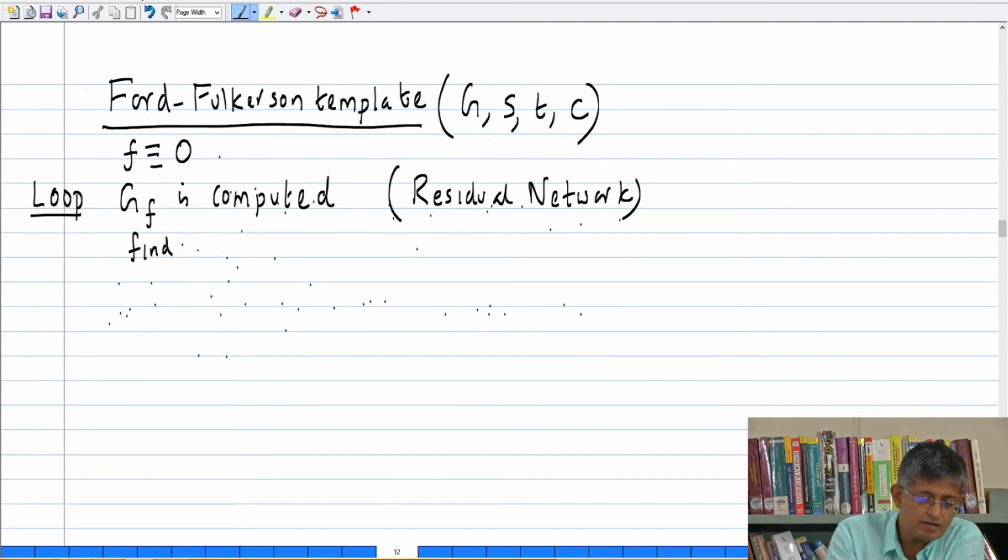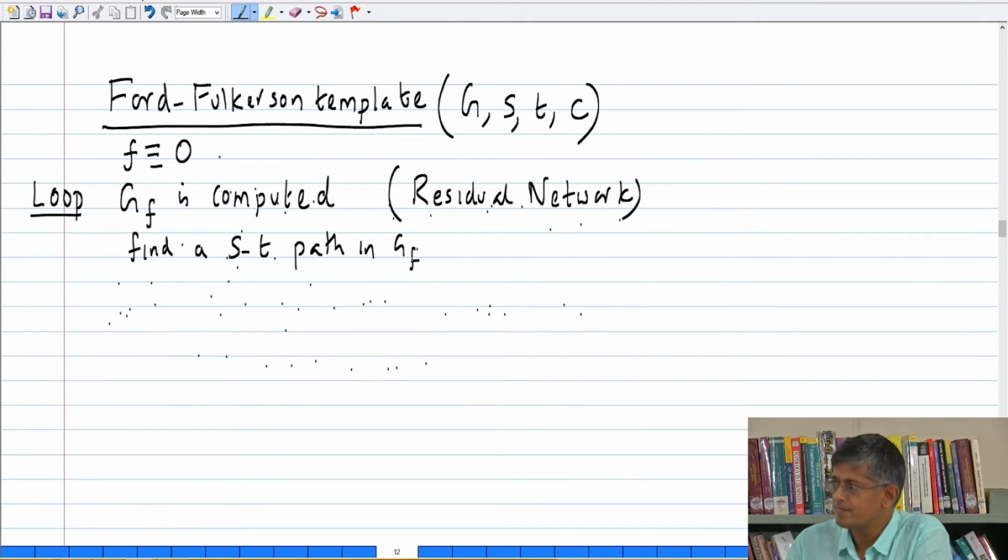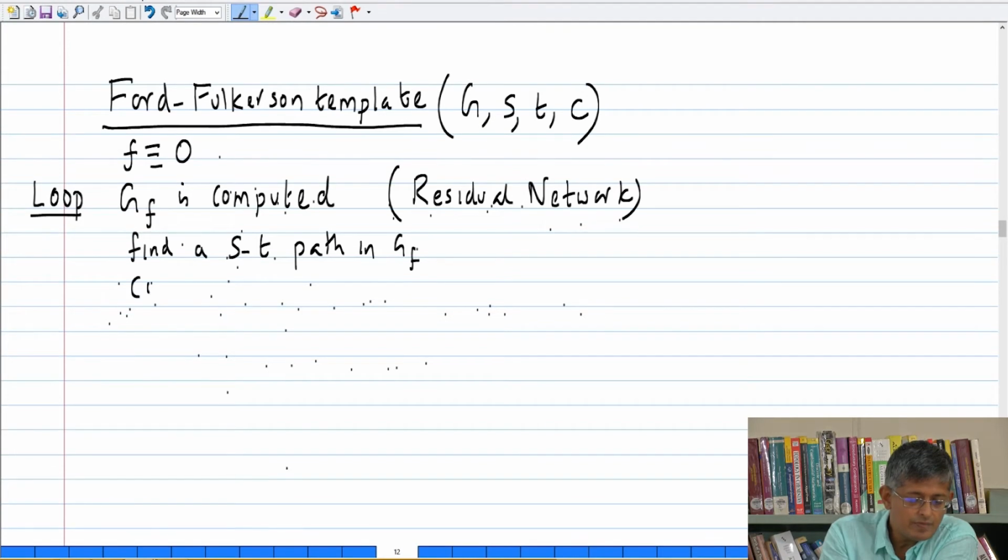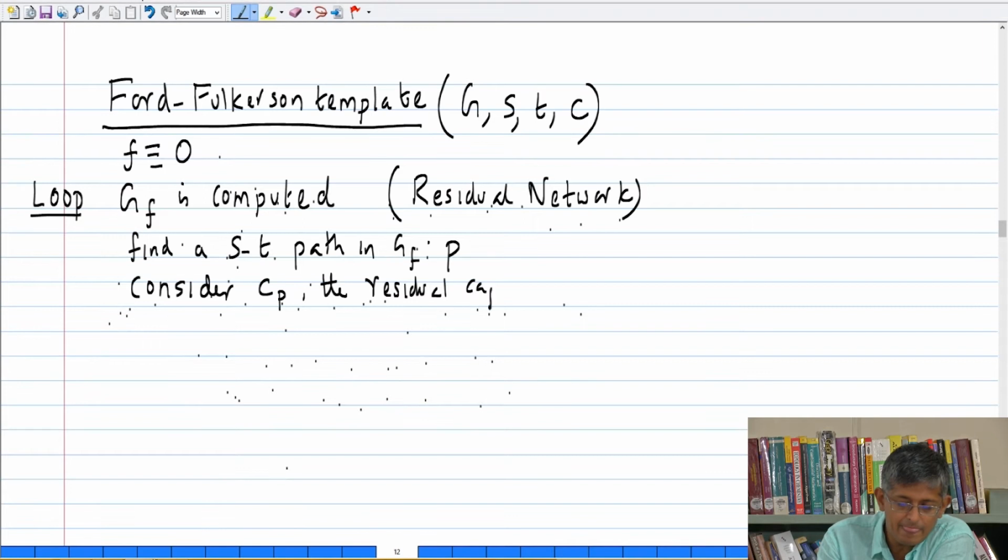Find the ST path in GF. Let me call this path P. Consider Cp, the residual capacity of P, this also I will define.